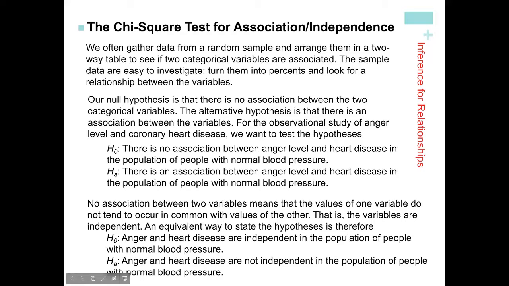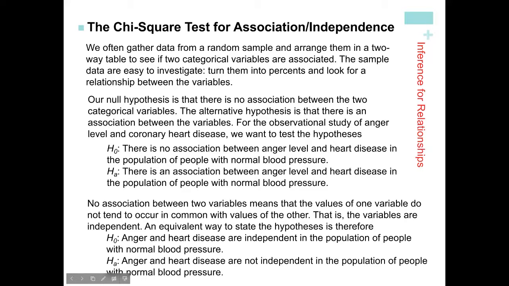And so those were separate samples or splitting them into separate groups. That was our chi-square test for homogeneity. And so a null and alternative looked a little bit different. When we go from a single sample and are recording two different variables, then we're asking, do these two variables have anything to do with each other from our single sample? Okay, so if you have a single sample, you're doing a chi-square test of association or independence. And this is what your null and alternative structure is going to look like.